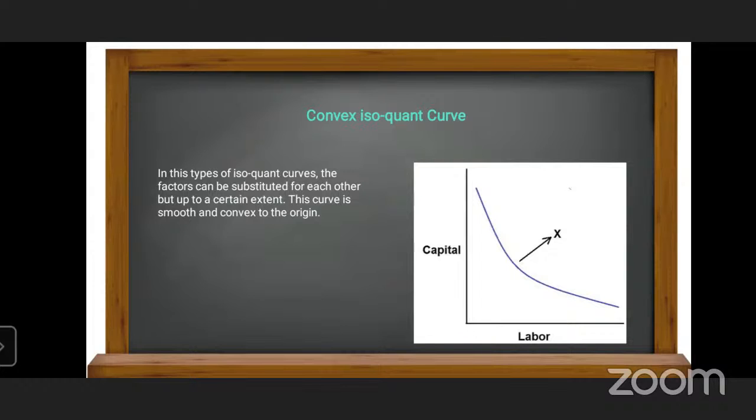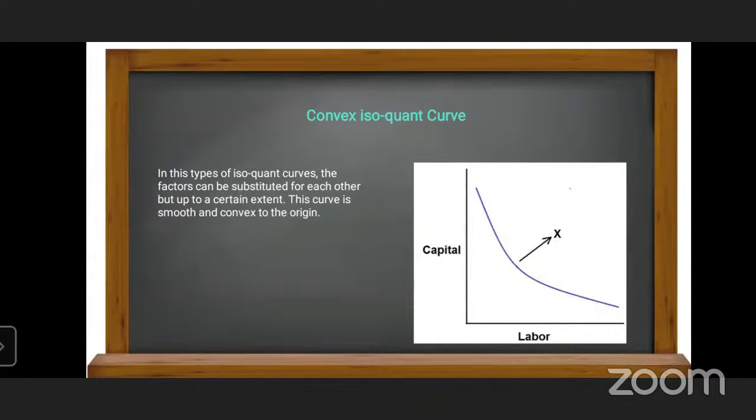See, there are two properties of isoquant. One is that it is declining. It has a negative slope. That is, if you increase one input, you have to decrease the other input because the level of output is the same. Okay. If we have one box and you have two items to keep, like one may be chocolate and one may be biscuit, if you want to increase biscuits, then you have to reduce chocolate because the box size is the same.